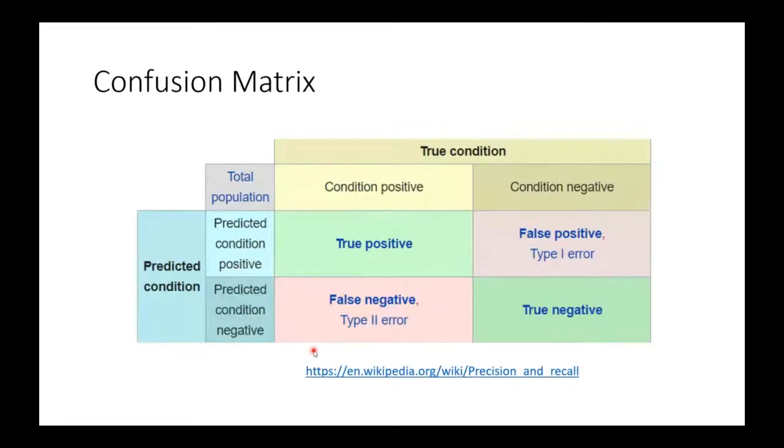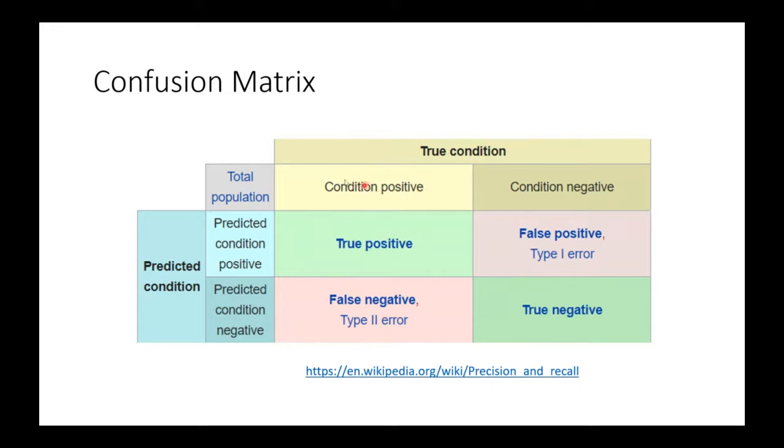Okay. And we can use this idea of a confusion matrix to put everything in one place and to extract other metrics for our classification. So basically, on one side of this matrix, there is the true condition. So these are the labeled data, what we call the gold standard.